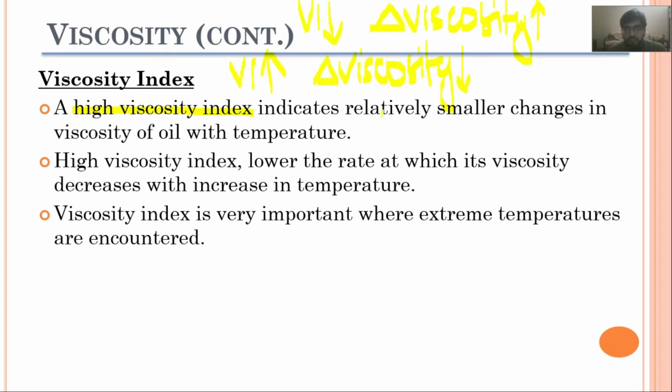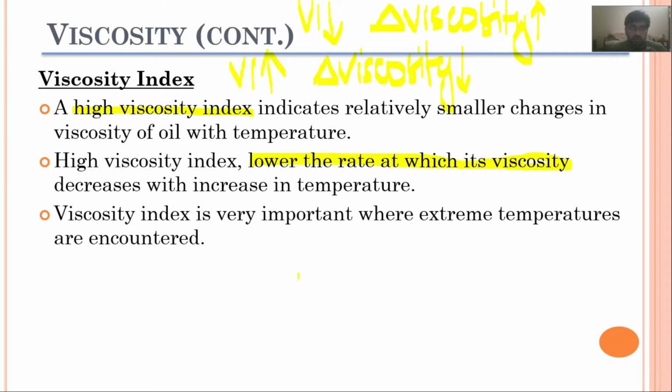A high viscosity index means that we have relatively smaller changes in viscosity of oil with temperature. The high viscosity index means the lower the rate at which the viscosity of the lubricant is changing with the increase in temperature.